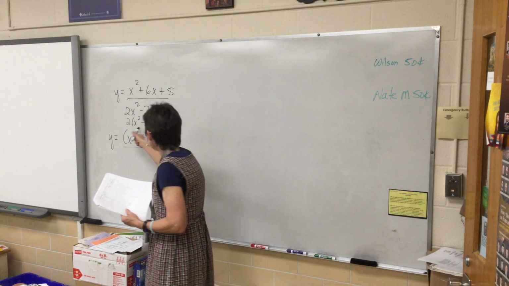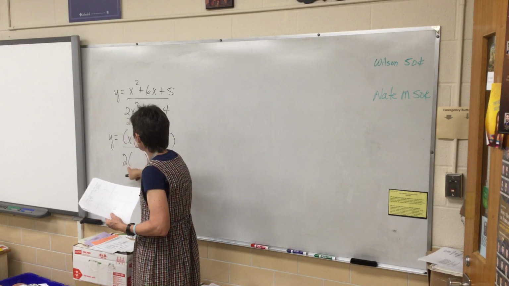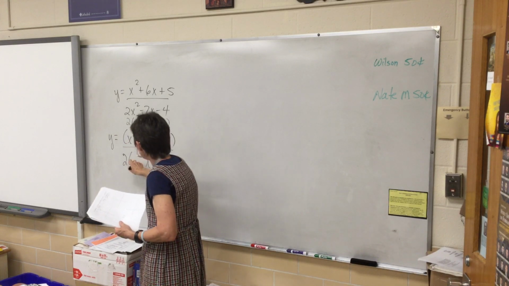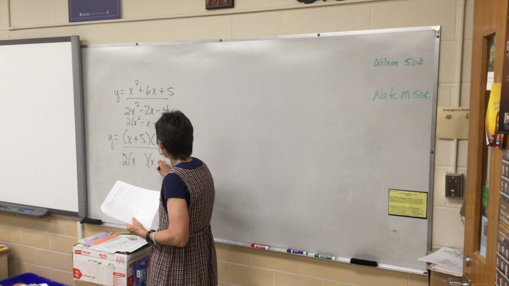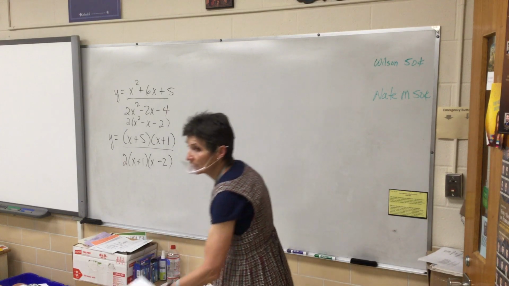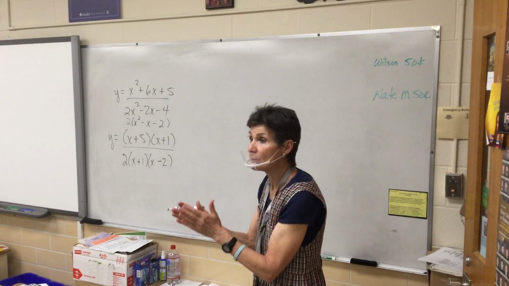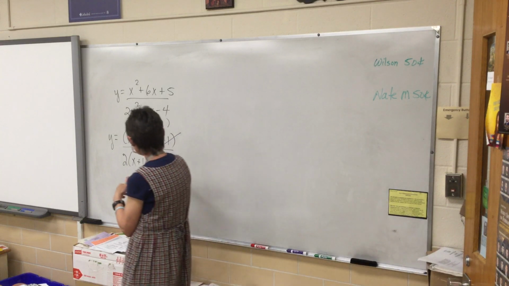Now, does that factor? Keep the 2. Got to keep the 2. But does this factor? x minus 2 times x plus 1. Is that right? Okay, now what do we notice? There's going to be a hole because these are going to cancel.